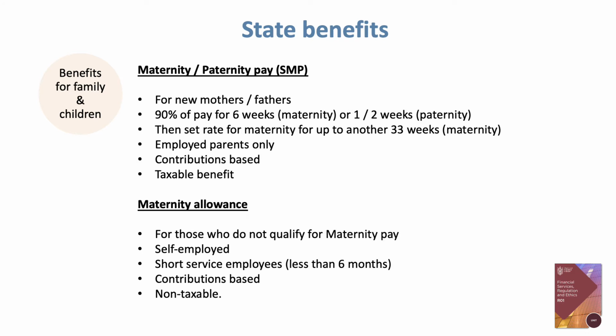We've also got maternity, paternity pay and maternity allowance to consider. And the key thing about this is that obviously this is about having the birth of a child, essentially.